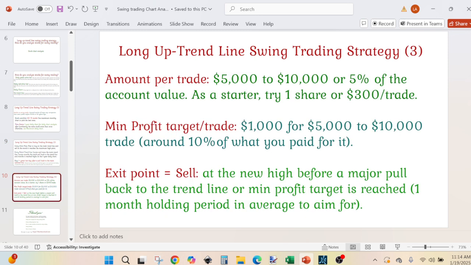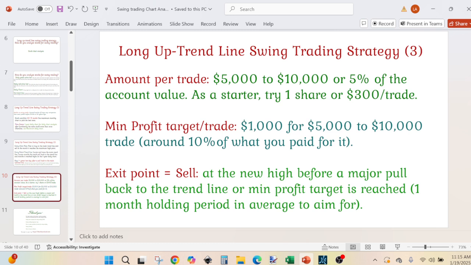And when you are thinking about your entry point, you can think about your exit point as well. It could be when it reaches a new high, or when your minimum profit target is reached, and it could be 10% of how much you paid for it.